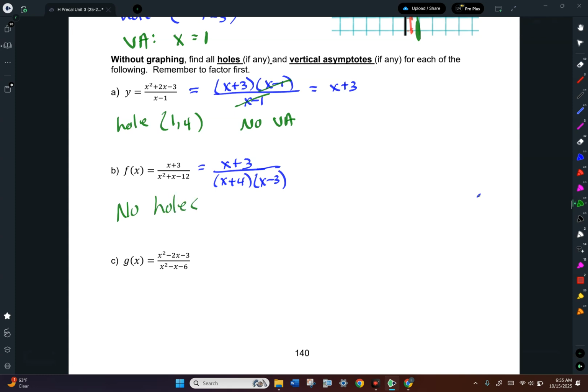No factors canceled. But in this case, I have 2 factors in the denominator. That means there are 2 vertical asymptotes. So vertical asymptote when x equals negative 4, but also when x equals 3. It is possible to have 2 vertical asymptotes. Okay?